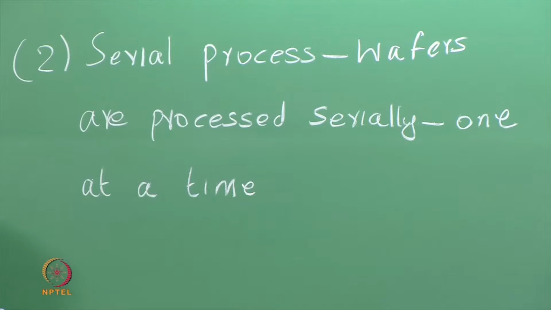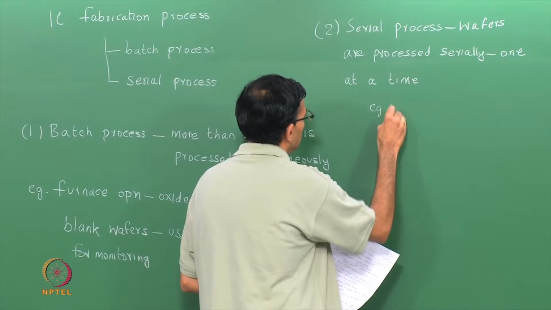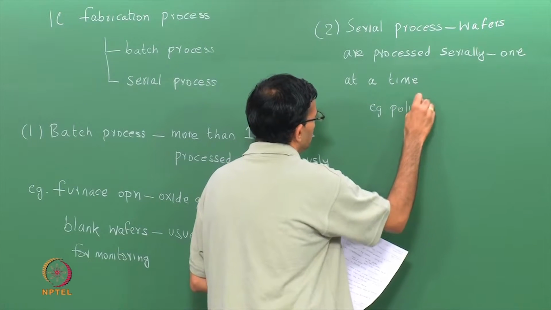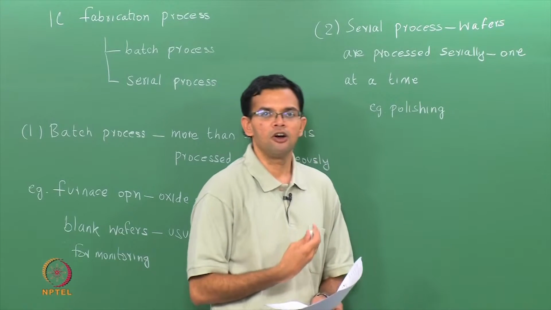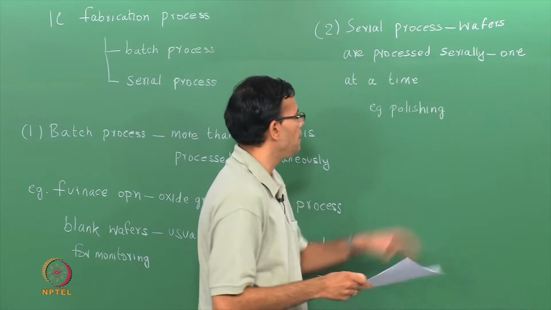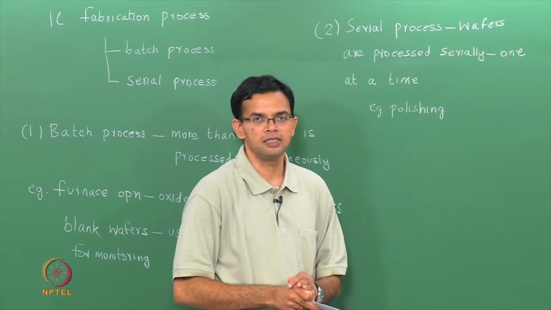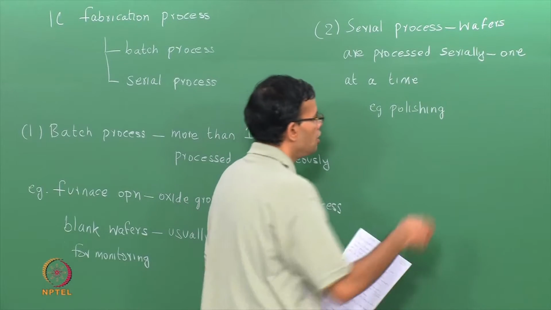So, an example of a serial process could be polishing. We talked about chemical mechanical polishing, which is part of planarization. So, chemical mechanical polishing could be an example of a serial process.